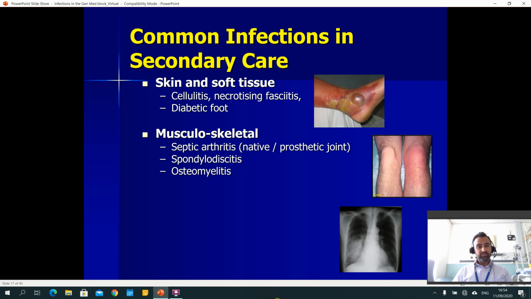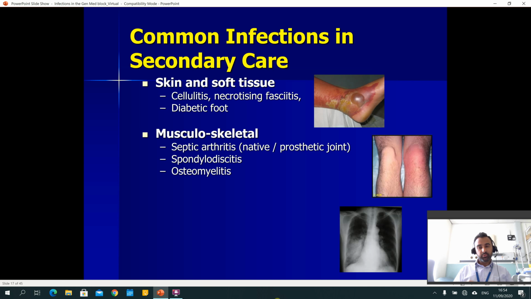Musculoskeletal, very similar to skin and soft tissue. So the same organisms manage to get into your joints, whether it's by direct contiguous spread or whether it's hematogenous spread from an infection elsewhere, let's say from the skin. So infection in joints will be either, again, Staph aureus or some of the streptococci. It's really important to know, like this knee is very swollen in this picture, is this a native joint or a prosthetic joint?